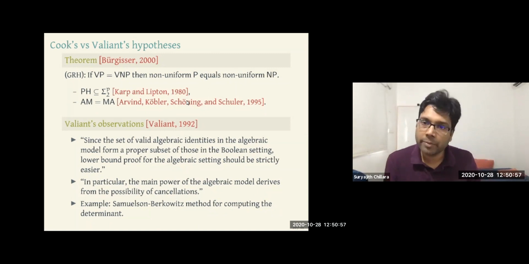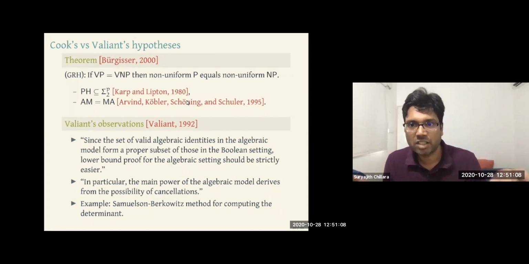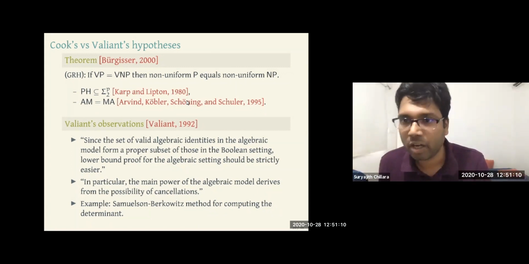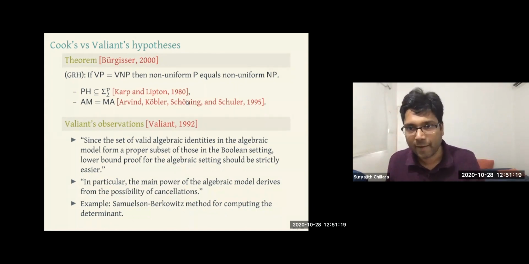Suppose you're computing a polynomial over GF2 versus a Boolean function. Boolean function computation uses an extra identity, xi square is equal to xi, which the algebraic model does not use. So you could syntactically compute polynomials of higher degree and then cancel, which the Boolean model does not allow you to do.